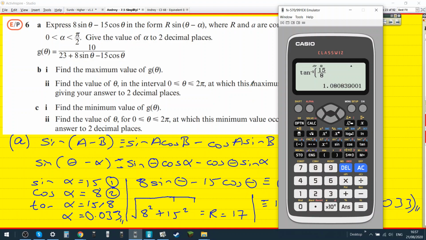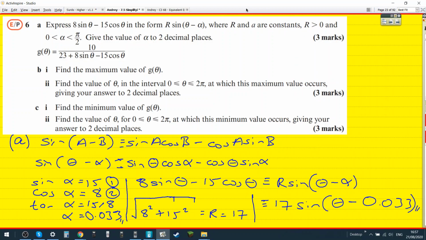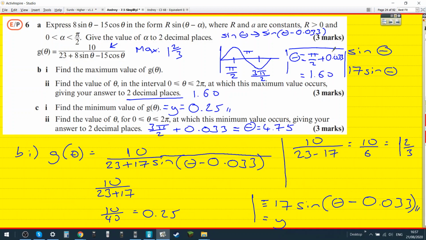How did you get 0.033? Arctan 15/8. I'm not sure. Okay, I don't know. Maybe it was just a typo or something in your calculator. But we should use 1.08 instead of 0.033.